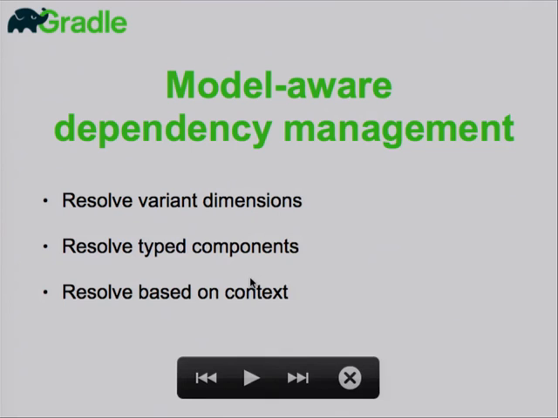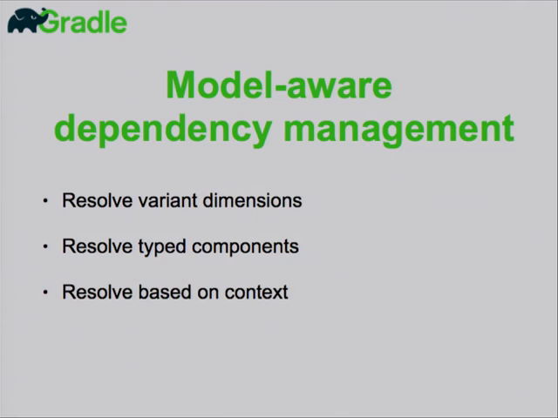The only thing I was going to talk about quickly was the model-aware dependency management. This is something we've done in Gradle in native space so far. There are some complications involved in dependency management when you have binary variants, when you have multiple variants.